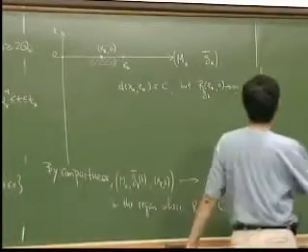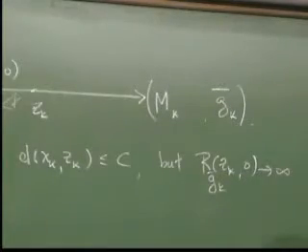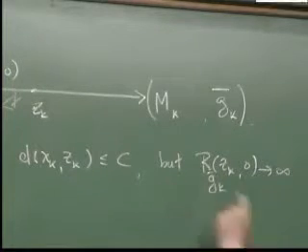So this is one of the key claims. They call it claim 2. Now suppose the choice first is claim 1.